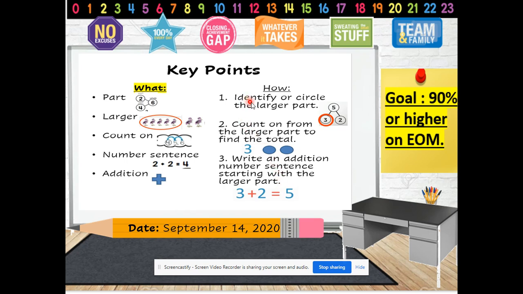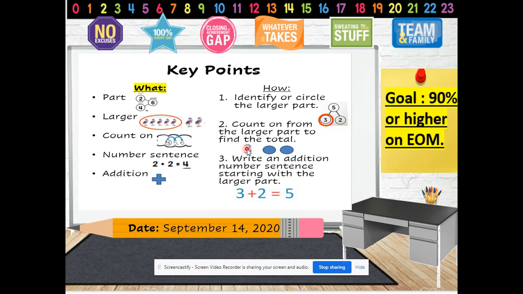How are we going to solve the problems today? Well, number one, we're going to identify or circle the larger part. So if you have a number bond, you will circle the larger part, which here would be 3. And then you're going to count on from the larger part to find the total. So we would count on from 3 and we would put 2 dots because 2 is our other part.